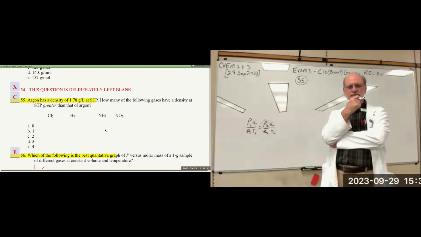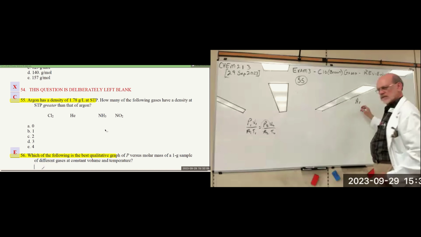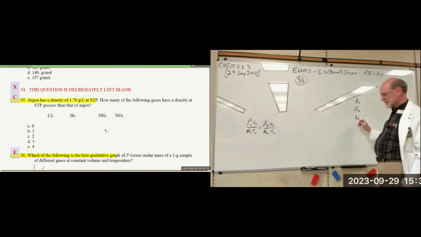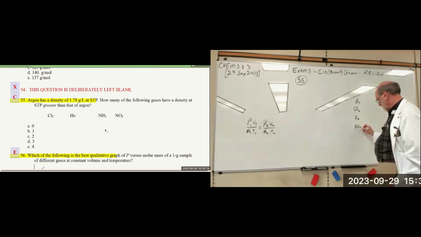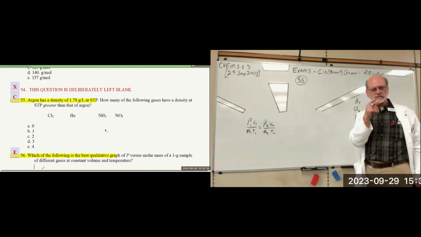We might be able to infer whether or not it's greater than argon. So if we put argon here, and then chlorine, helium, ammonia, and NO2. This follows from that earlier question, right?